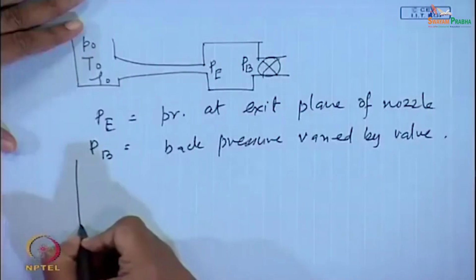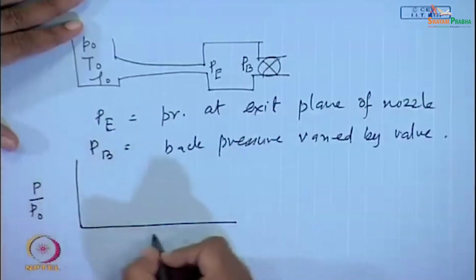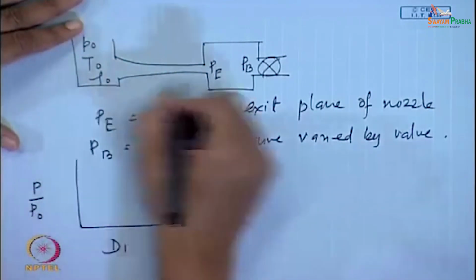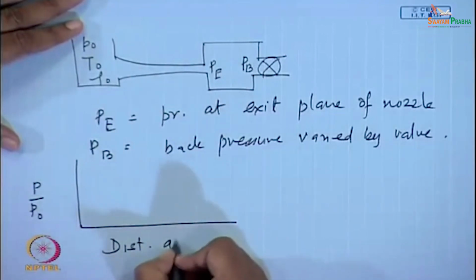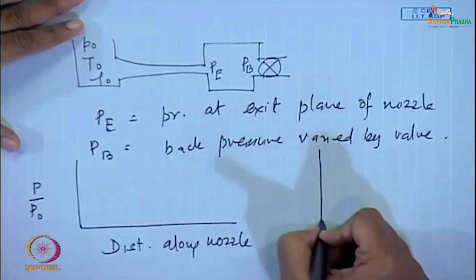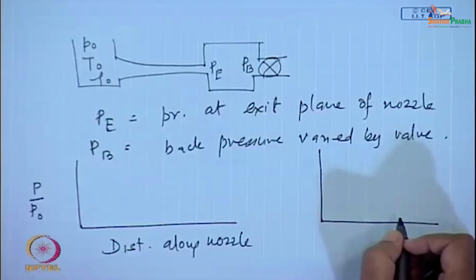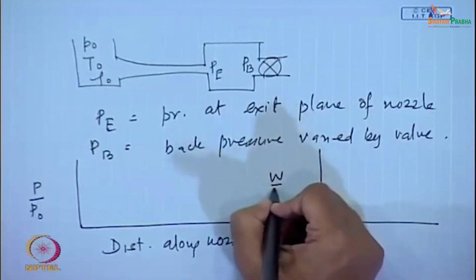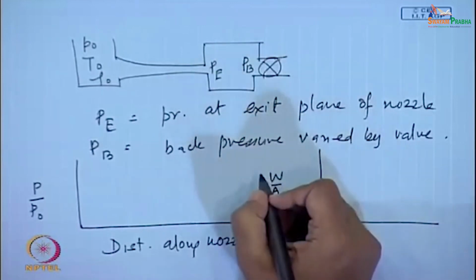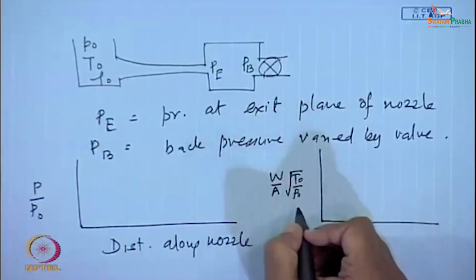So, if we plot say P by P0 as a function of distance along the nozzle, and along with this pressure we would also like to plot the flow rate, which is W by A. Usually we take the entire that constant thing which was there, this is as a function of.